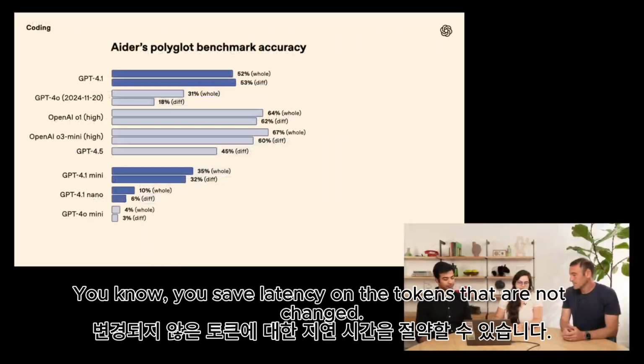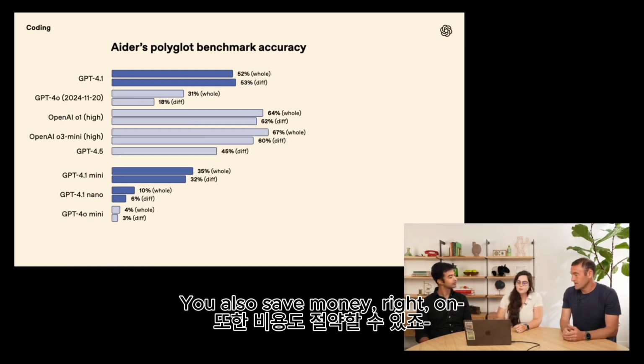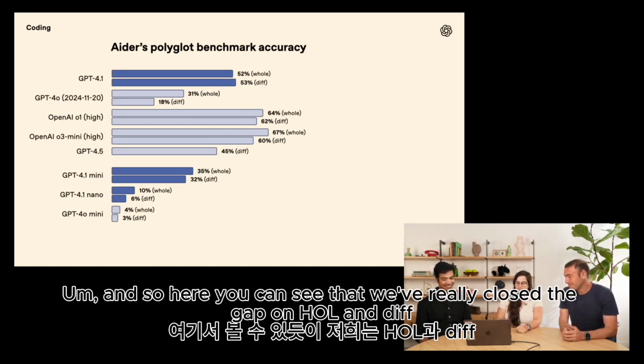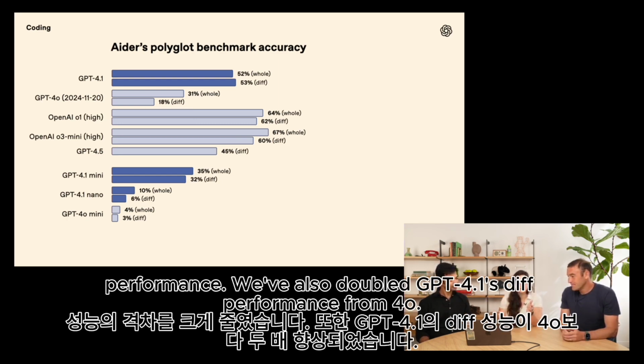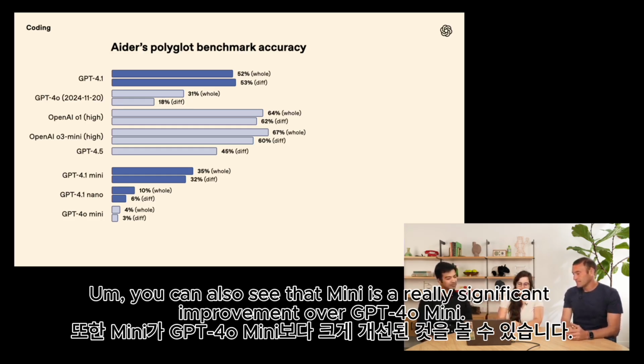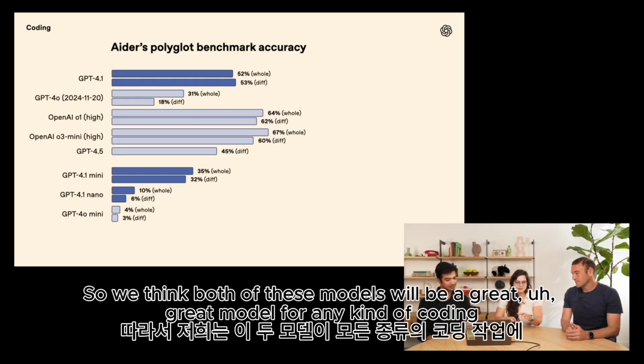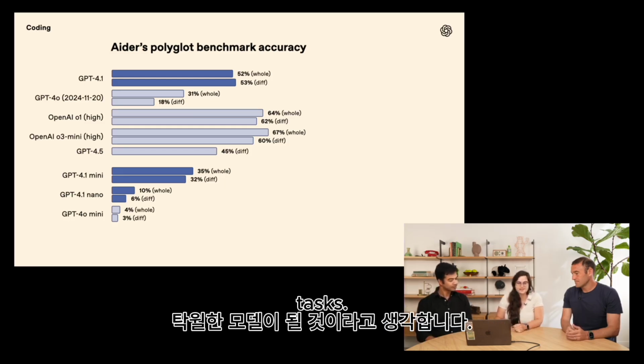You save latency on the tokens that are not changed. Also save money, right? Exactly. And so here you can see that we've really closed the gap on whole and diff performance. We've also doubled GPT 4.1's diff performance from 4.0. You can also see that mini is a really significant improvement over GPT 4.0 mini. So we think both of these models will be a great model for any kind of coding tasks.